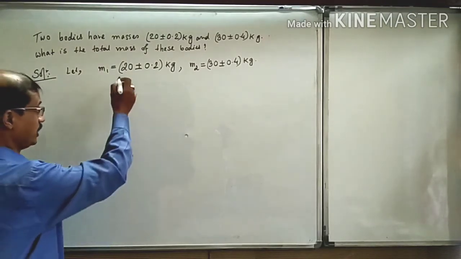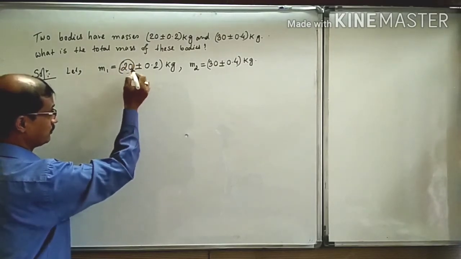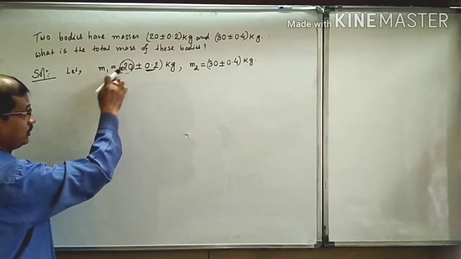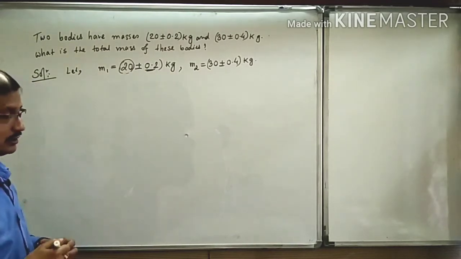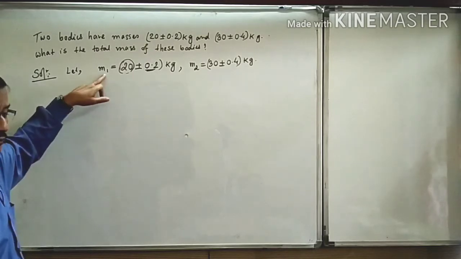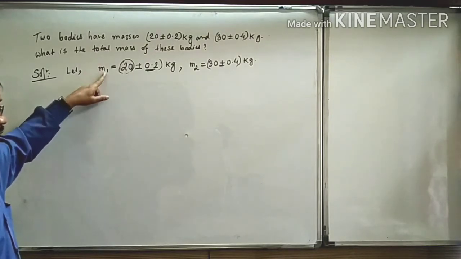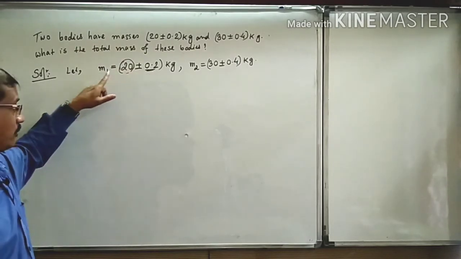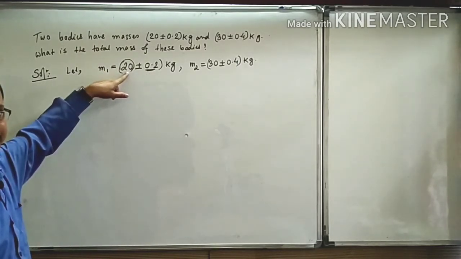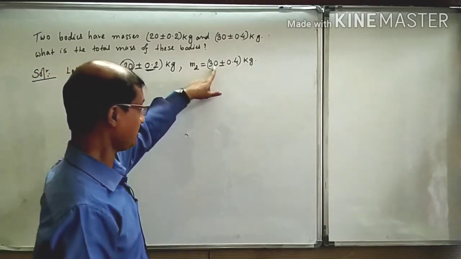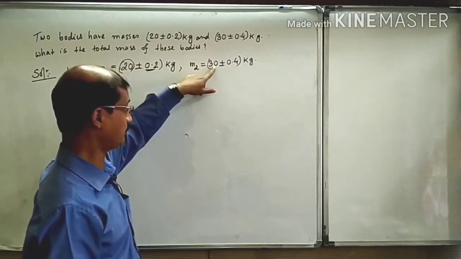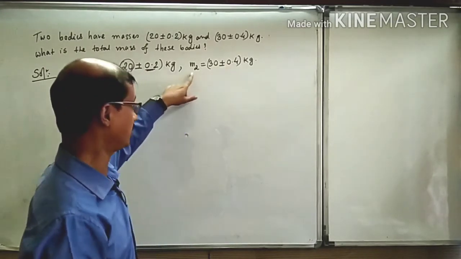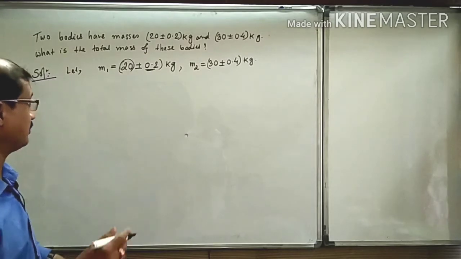When you measure m1, the absolute error is 0.2 and the actual value is 20. Similarly 30 is the actual value of mass m2 and 0.4 is the absolute error in the measurement of m2.